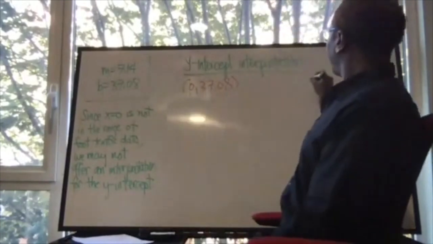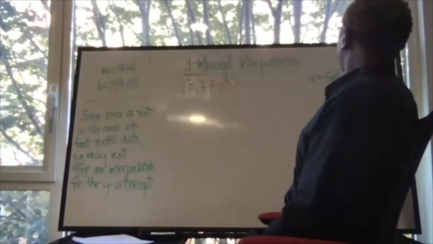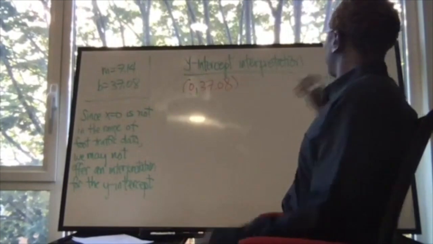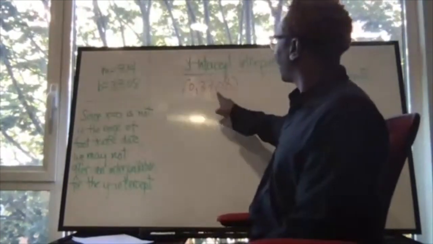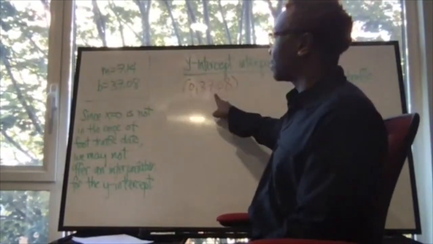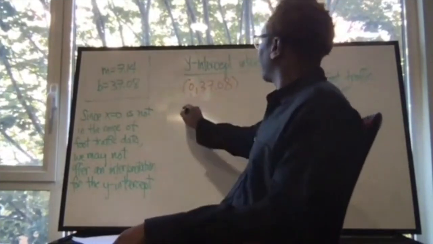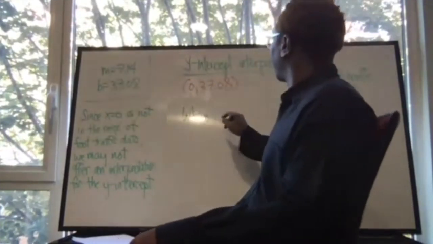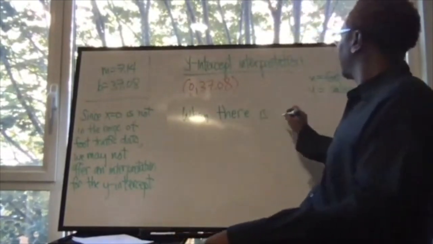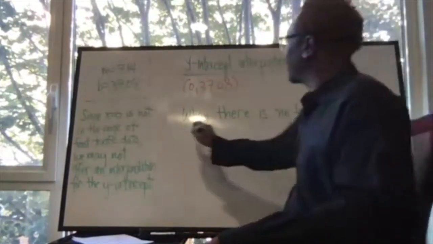In our problem, x equals foot traffic, y equals sales. X equals 0, y-intercept. We have to do something like this: when there is no foot traffic.